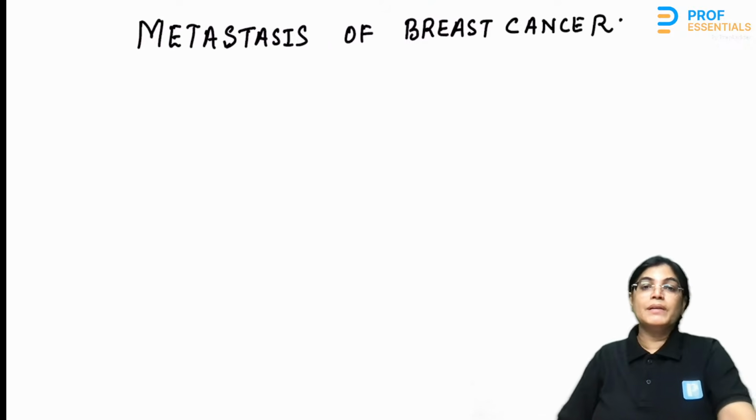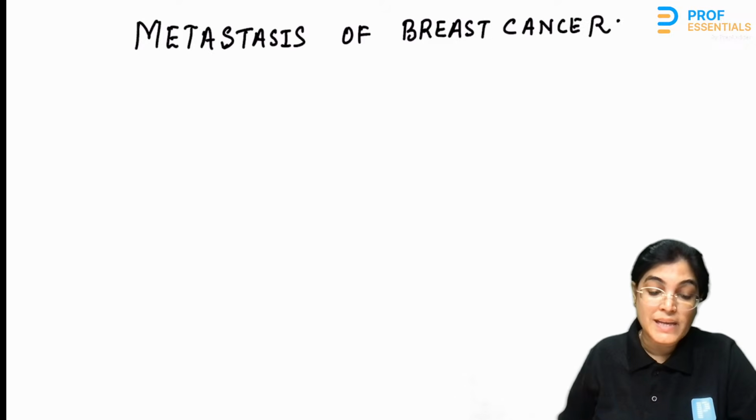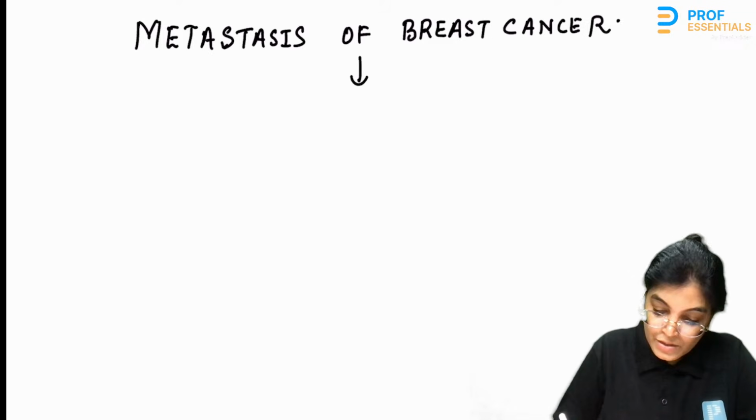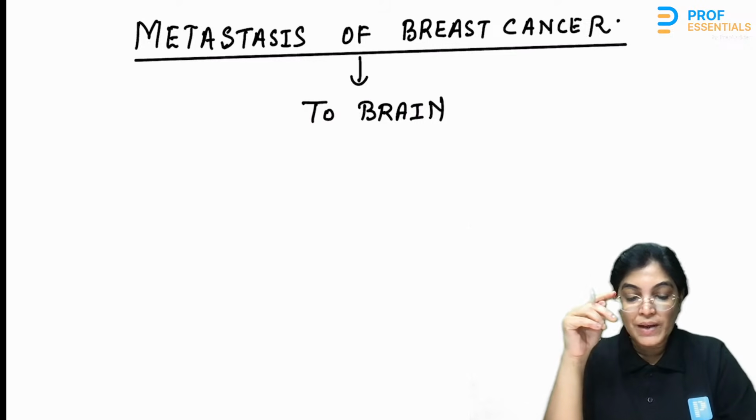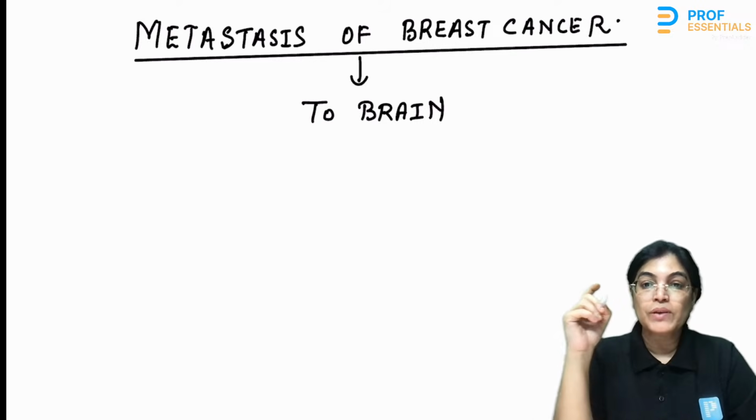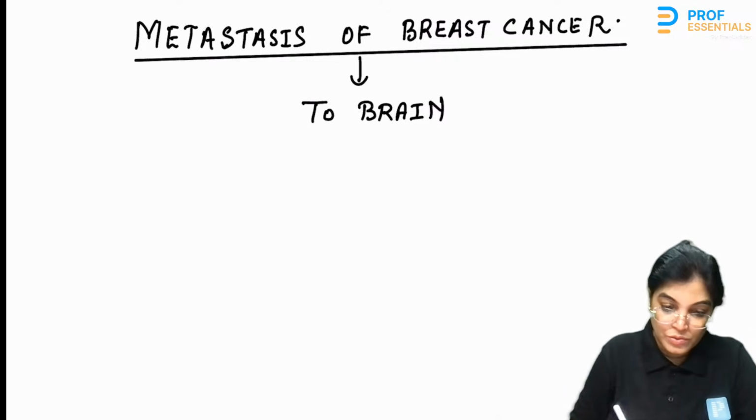How does breast cancer reach the brain? Metastasis of breast cancer to brain, how it occurs, that you have to know, the route you have to know. In brief, I will tell you the route. Everyone please note it down.